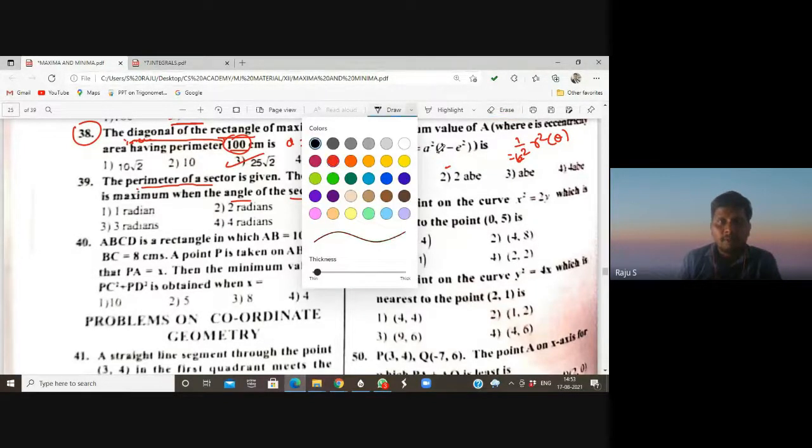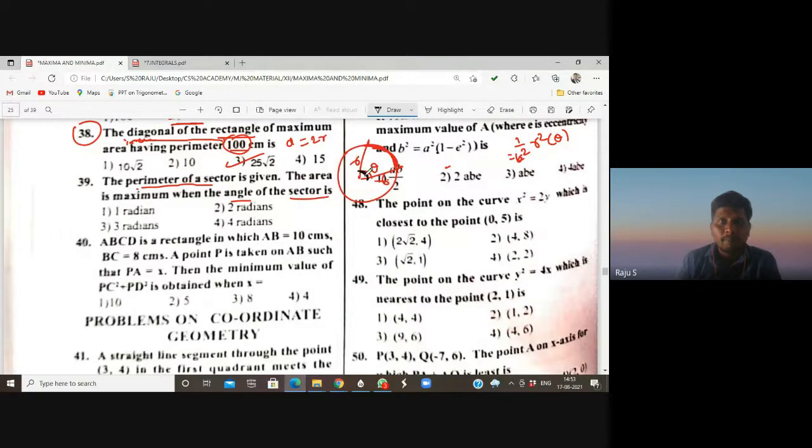The perimeter of the sector, whose angle is given as theta, is r plus r plus r into theta, that is 2r plus r into theta. This is the perimeter, so you can take it as some value lambda. So theta is equal to lambda minus 2r by r. This value you can substitute. Overall, I'm going to change the given function in terms of r.